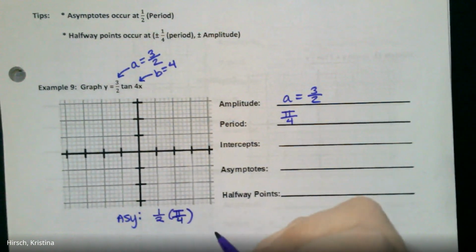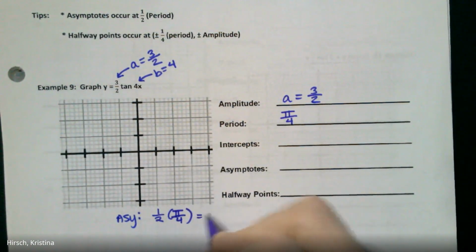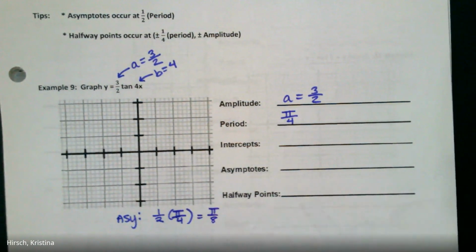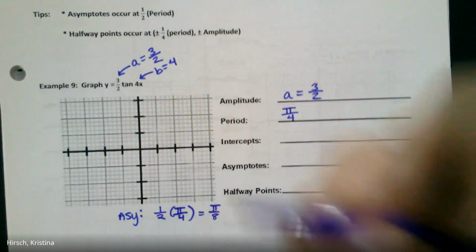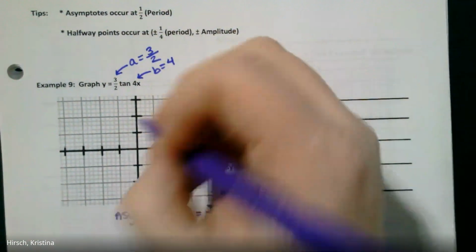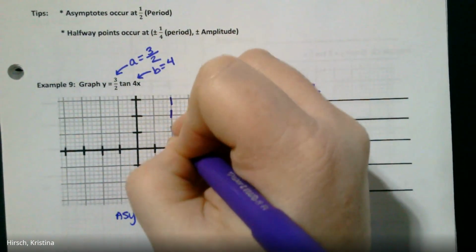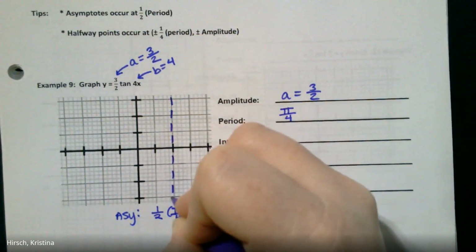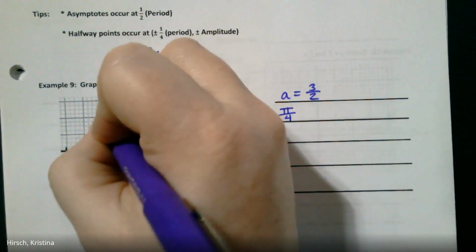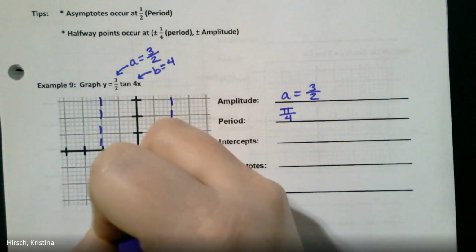Well, what would that be? That would be pi over 8. Okay, so before I get too far, I want you to think about our 4 increments. So instead of going 4 over, we're going 2 over and plotting an asymptote, and 2 over the other way and plotting an asymptote.